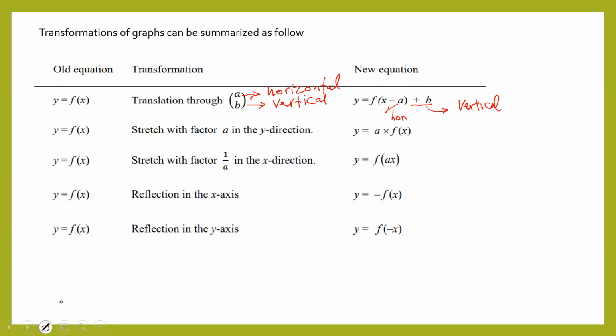Regarding stretching, we have two types of stretching: stretching the graph vertically and stretching the graph horizontally. So whenever a number is multiplied by the function notation, this means we have a vertical stretch, or the function has been stretched vertically. What do we do in the case of stretching vertically?